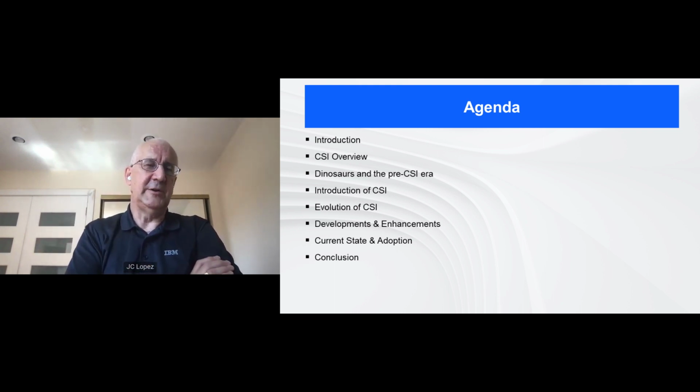And the current state and adoption, which is always interesting, where we can discuss a little bit the strategy of people moving to orchestration platforms. And finally, a conclusion.